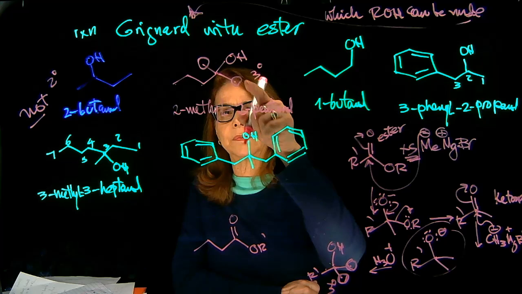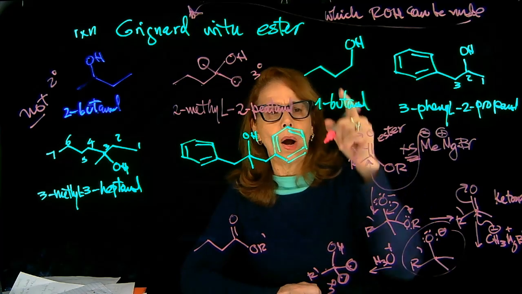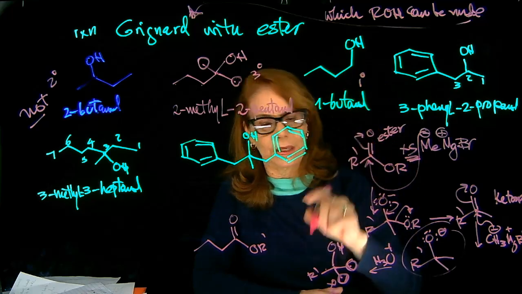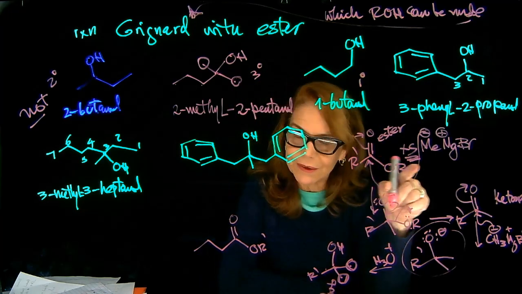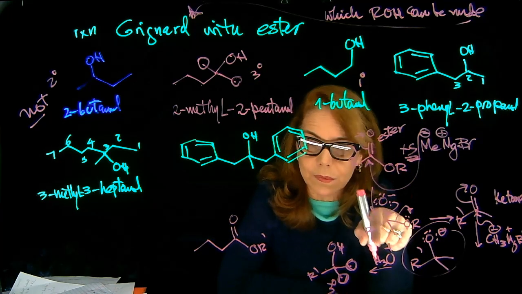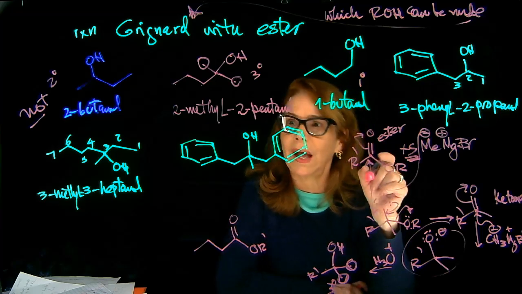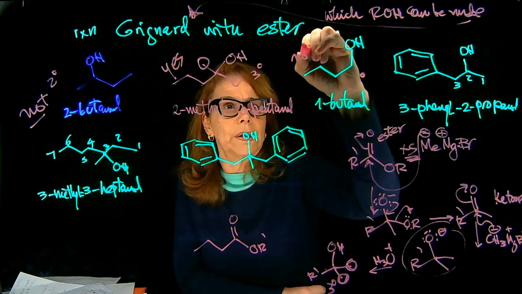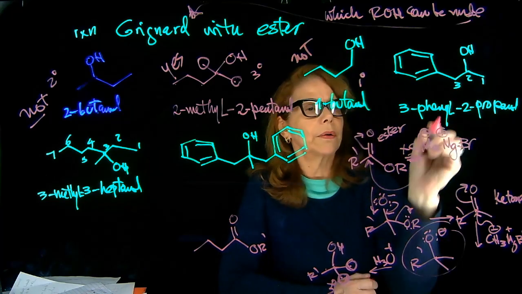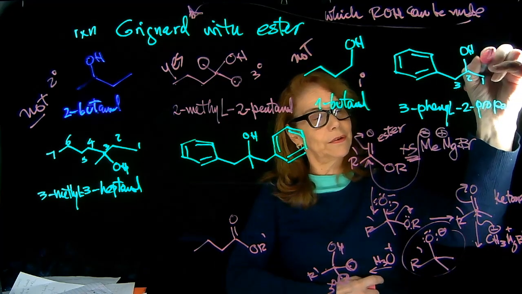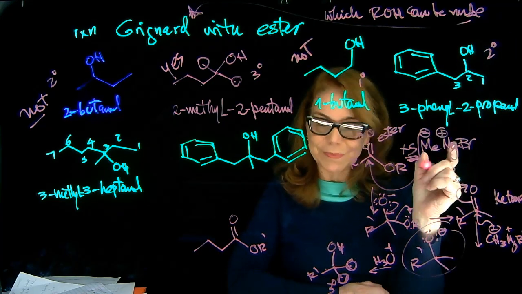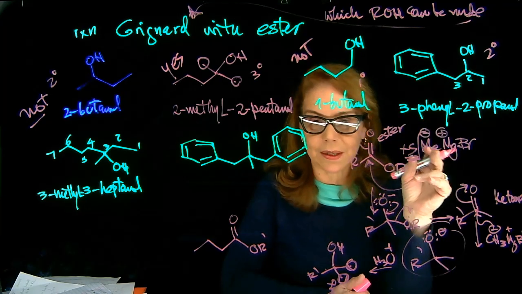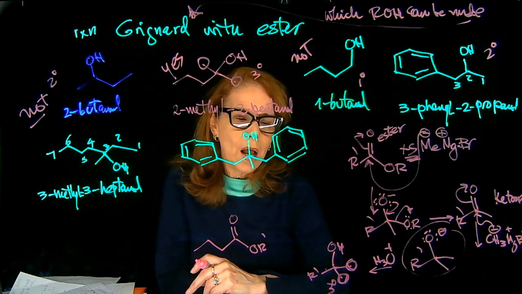So that is to make this. Now, 1-butanol, well, that is a primary alcohol. And as we can see, the reaction forms a tertiary alcohol. So this is a yes, this is no. I cannot make it that way. Here, this alcohol is secondary. Again, from esters, we cannot make secondary alcohols.